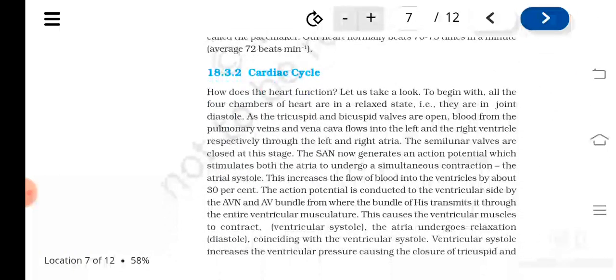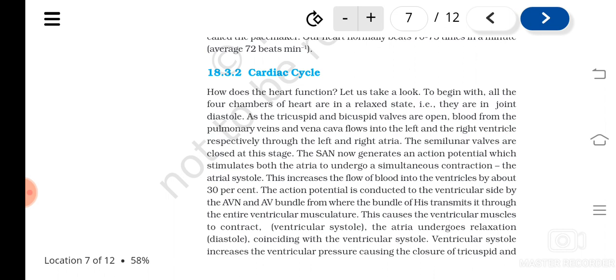So you can see the tricuspid valve and bicuspid valve will be opened. The blood from the atria, the auricles, will move towards the ventricles. At the same time, the semilunar valves will be closed. Where are semilunar valves present? In between the heart and the arteries.